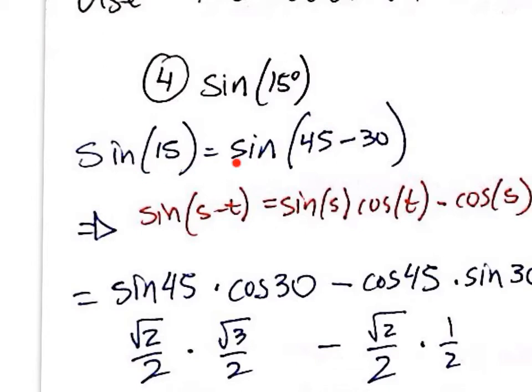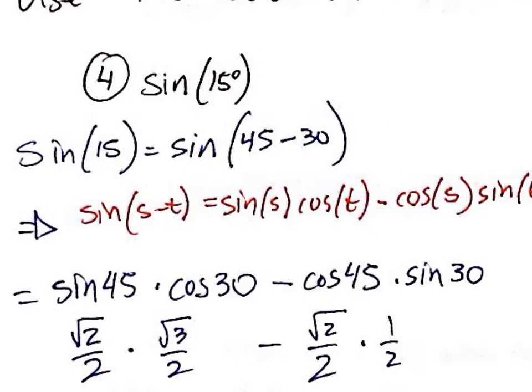And we rewrite it as this so that this is the way the formula looks on your formula page, so that we can apply it to this. So in this case, s minus t is 45 minus 30. So we got sine 45 times cos 30 minus cos 45 times sine 30.